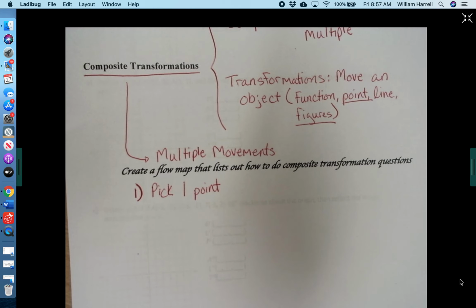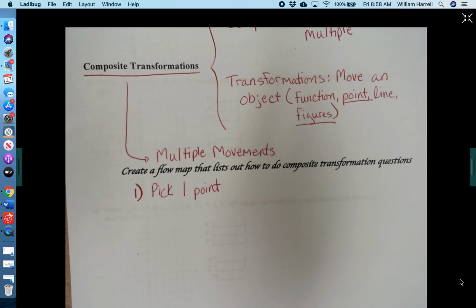Before we left, we looked at moving a whole bunch of different figures, and the more stuff you do, the more likely you are to get it wrong. So if I can only focus on one point, I'm going to do everything the problem wants me to do, go to my answer choices, and check it. After I check it, if I don't have my answer, but I've been able to mark off one or two, now I can go back and pick a second point, maybe a third if needed. Most of the time, if you can get through one or two points, you'll get your answer.